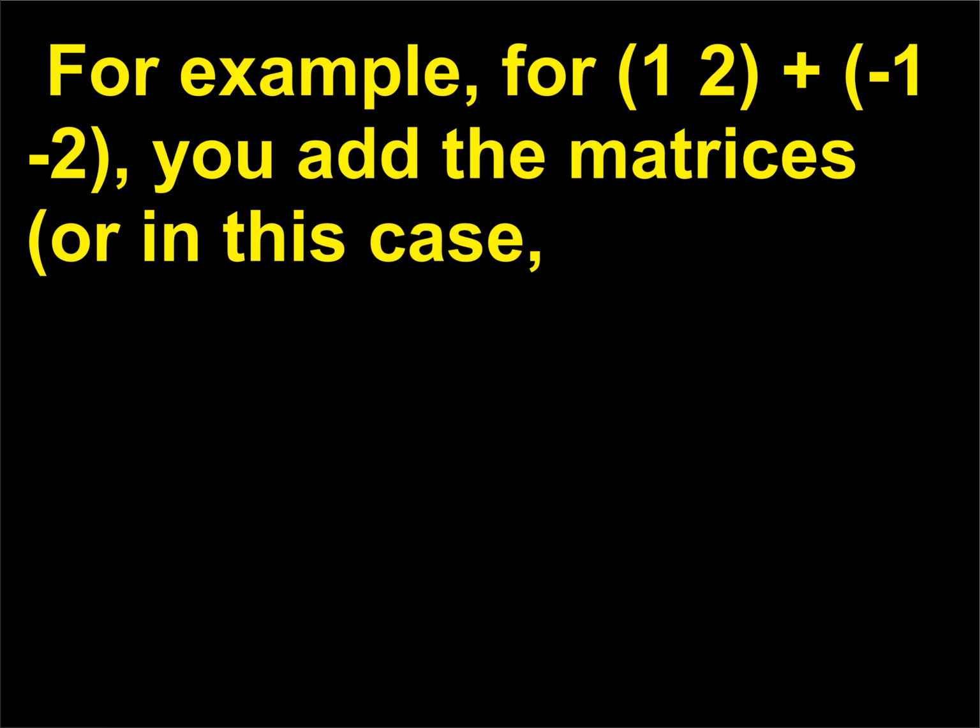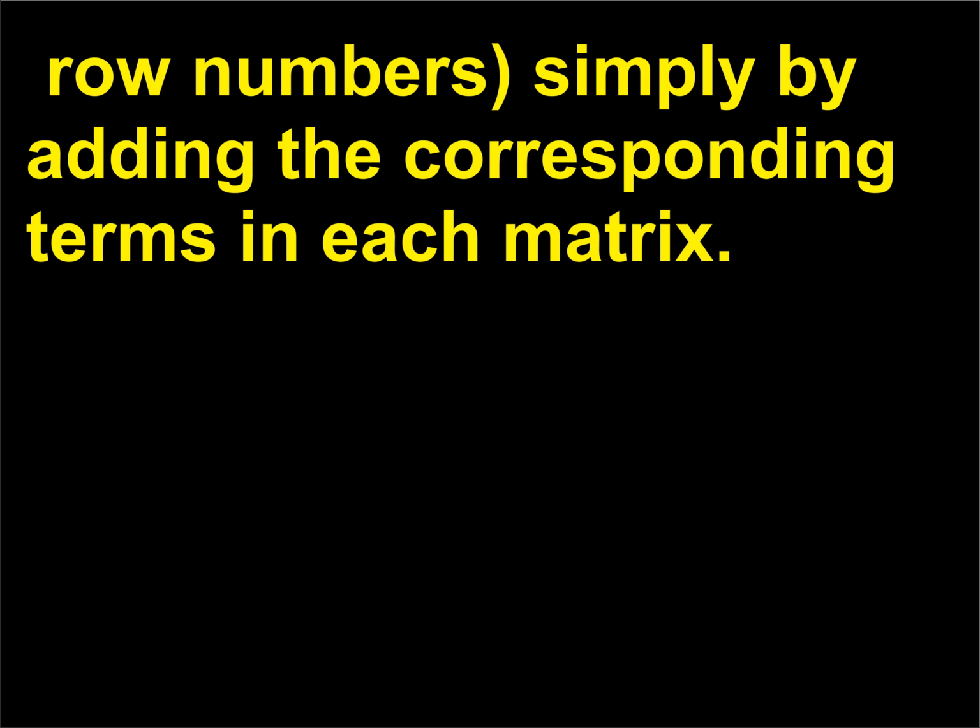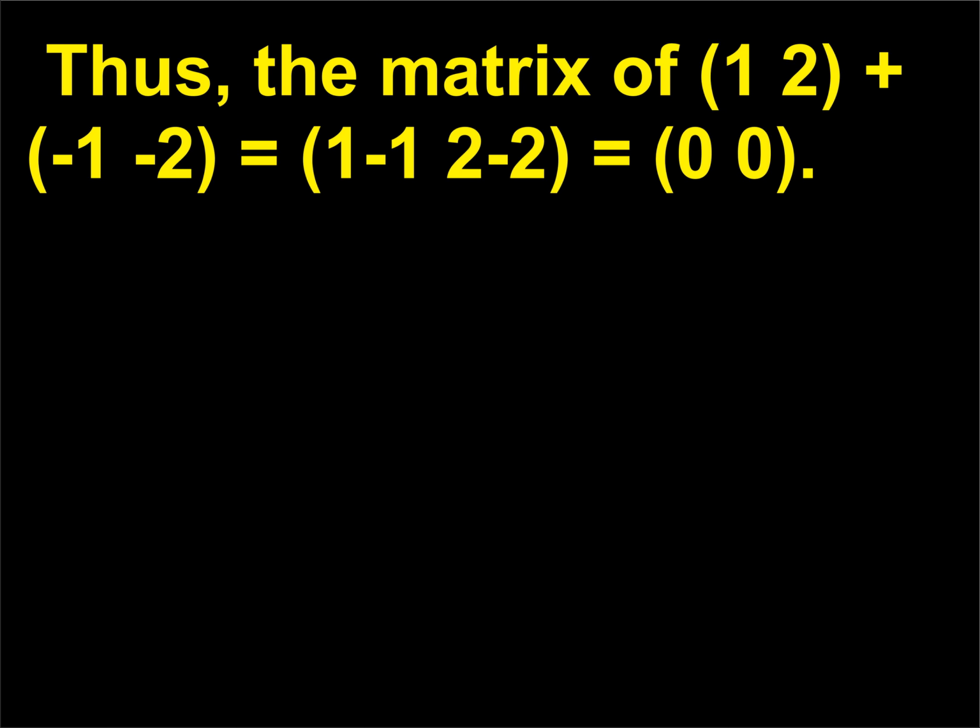For example, for [1 2] plus [-1 -2], you add the matrices, or in this case, row numbers, simply by adding the corresponding terms in each matrix. Thus, the matrix [1 2] plus [-1 -2] equals [1-1, 2-2], which equals [0 0].